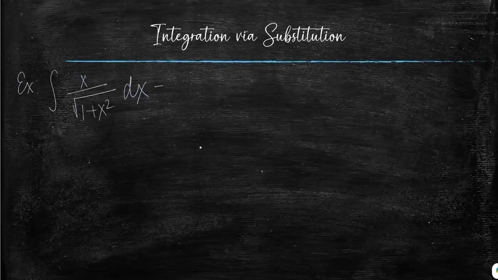So here, we are going to do the substitution. And what are we going to substitute? The rule of thumb is that we substitute things that are causing us trouble in finding the antiderivative.